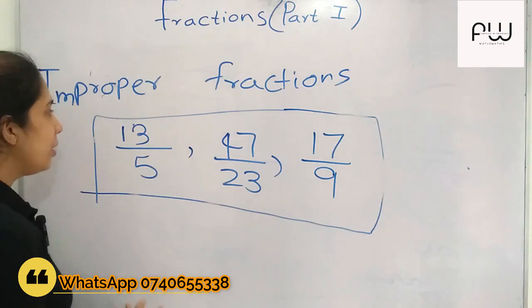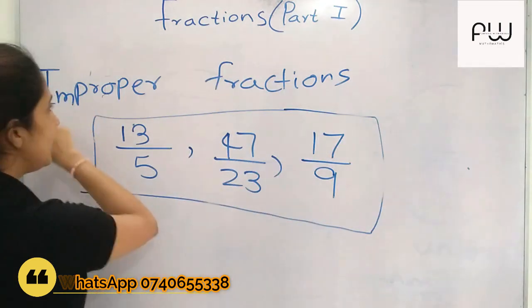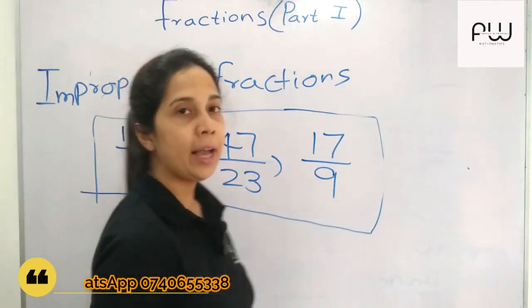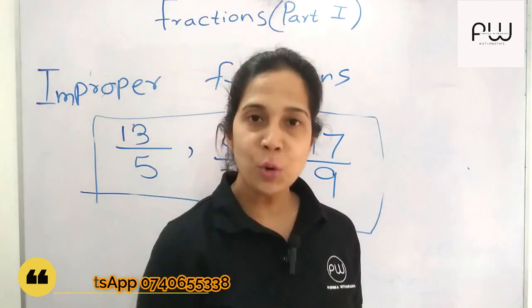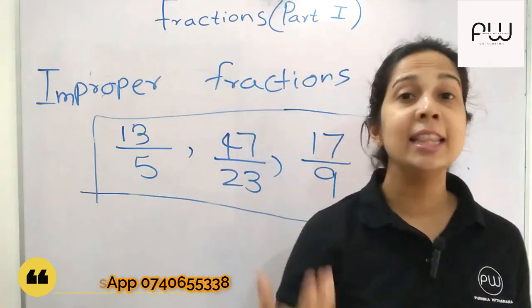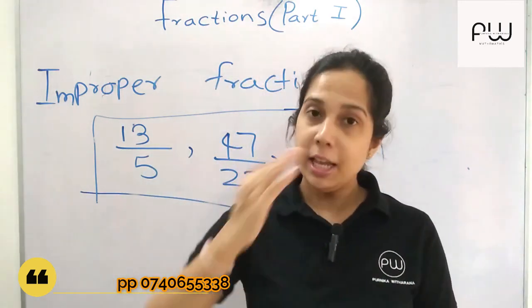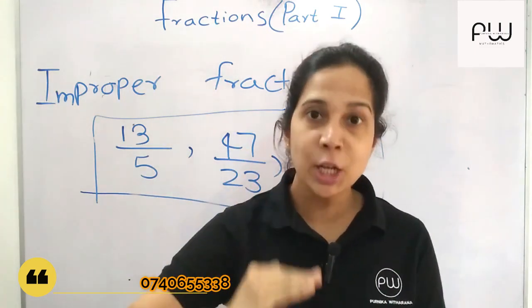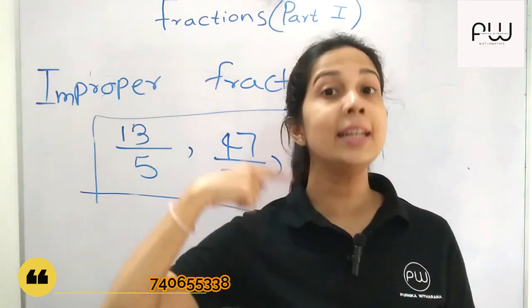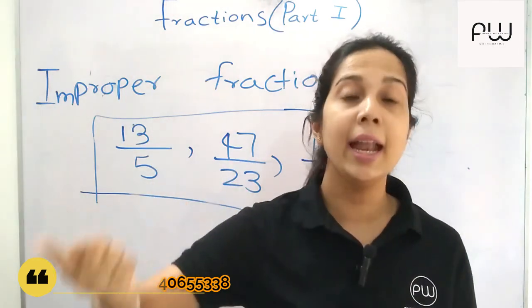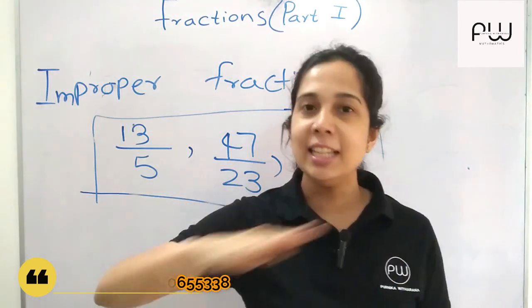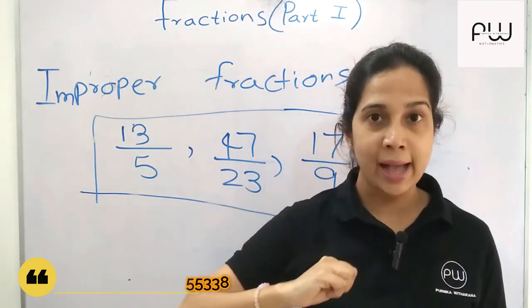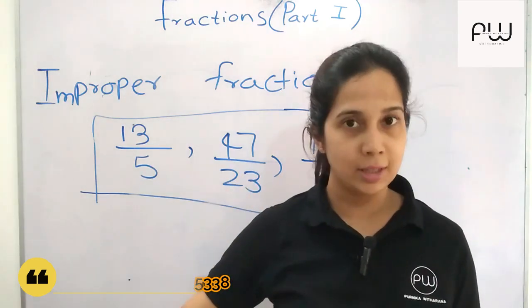Then we call these fractions improper fractions. Why? Because the numerator is greater than the denominator. Keep this in your mind: if the numerator is greater than the denominator, then these kinds of fractions are called improper fractions.